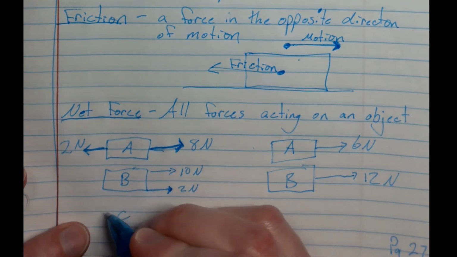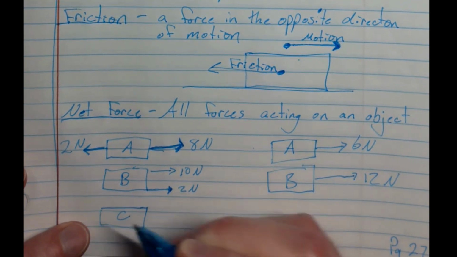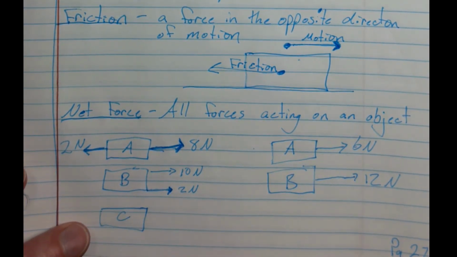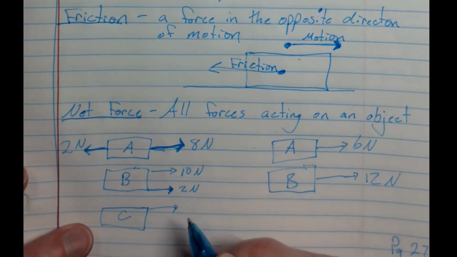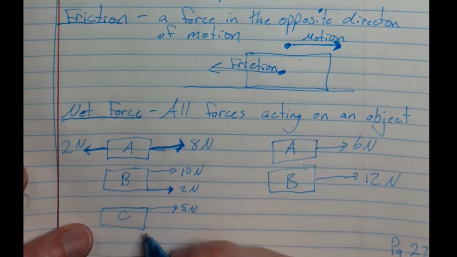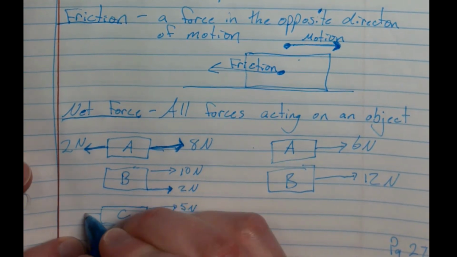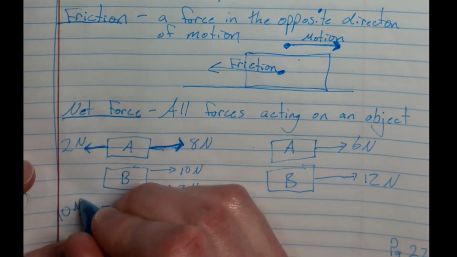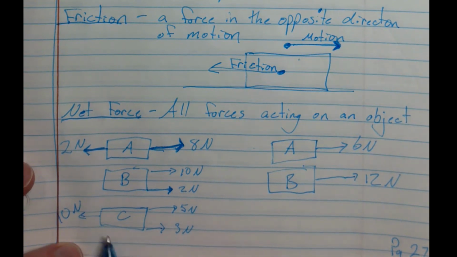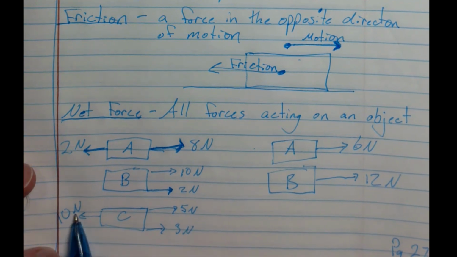Let's do one last one. Okay, so let's make this one tricky. We got, let's say, 5 newtons and 3 newtons, but over here I have 10 newtons. Well, this is 8 because 5 plus 3 is 8, but this is 10.